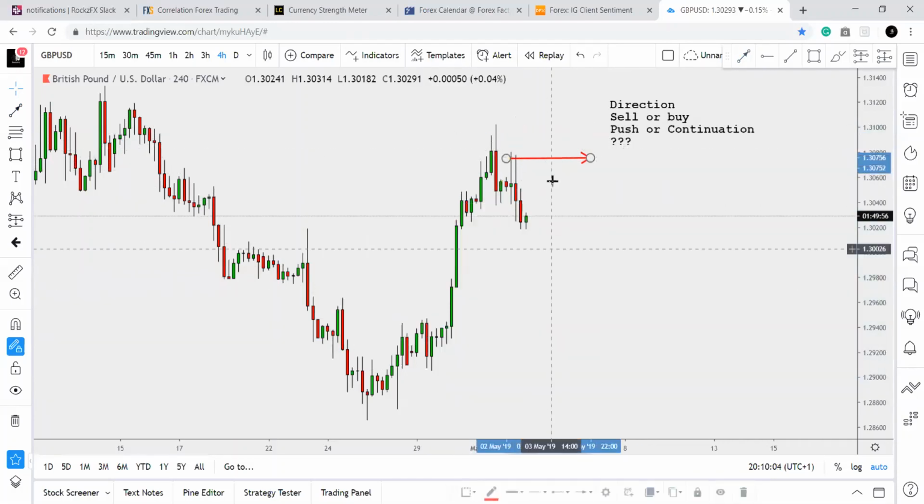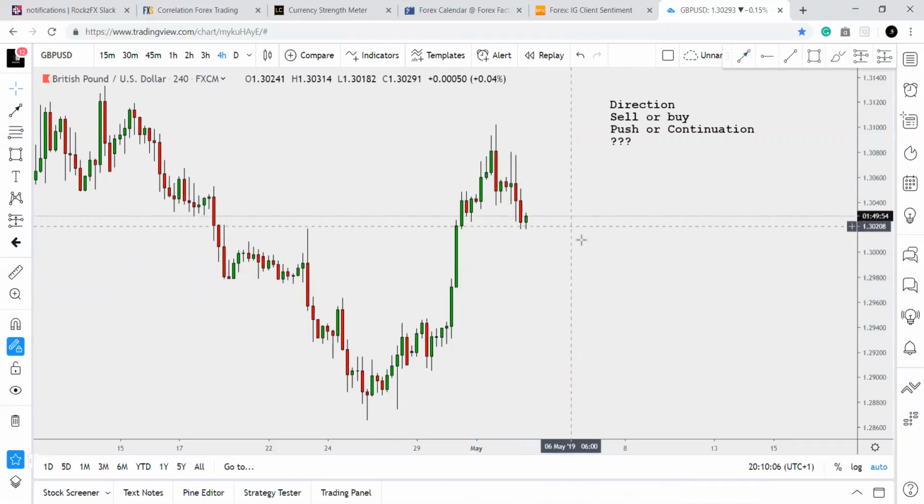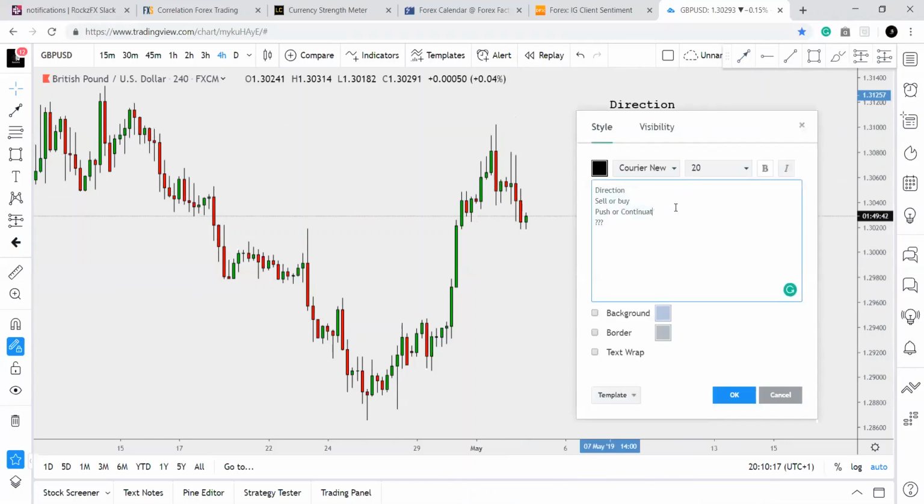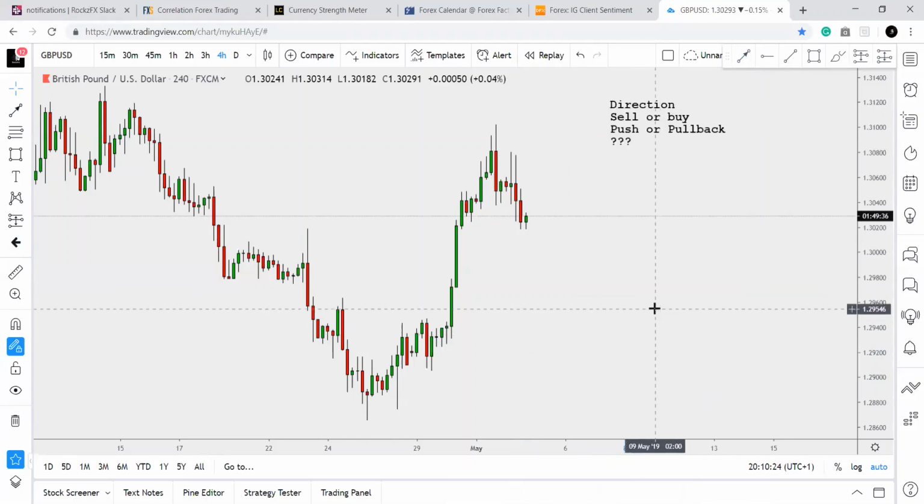Based on sells, what phase is this market in, push or pullback? I see some wicks, so I'm thinking maybe it's pulling back now for a double top or so.